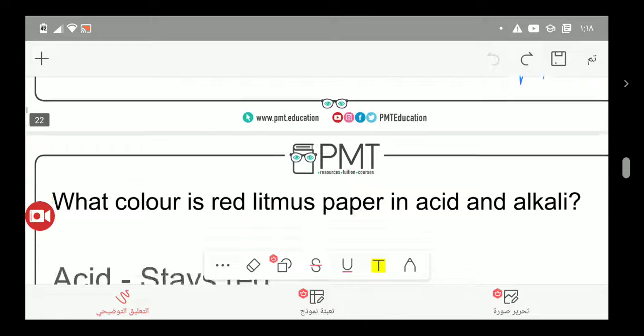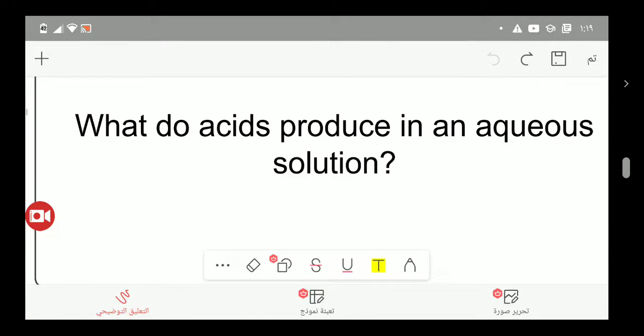Next, what do acids produce in an aqueous solution?